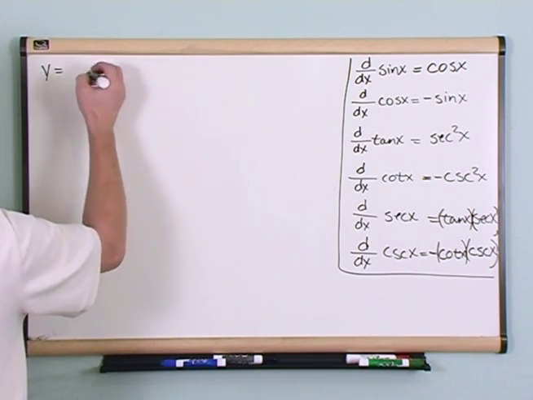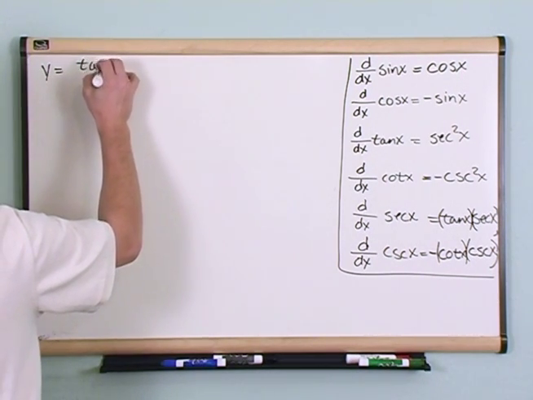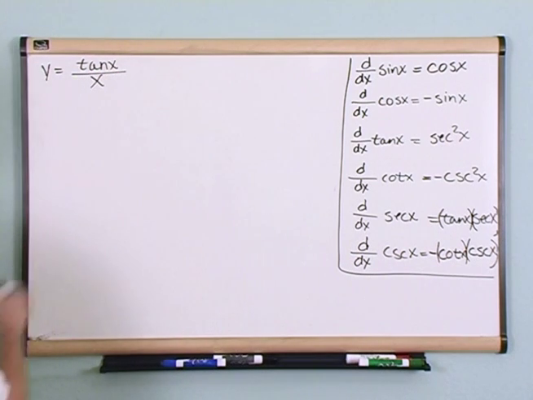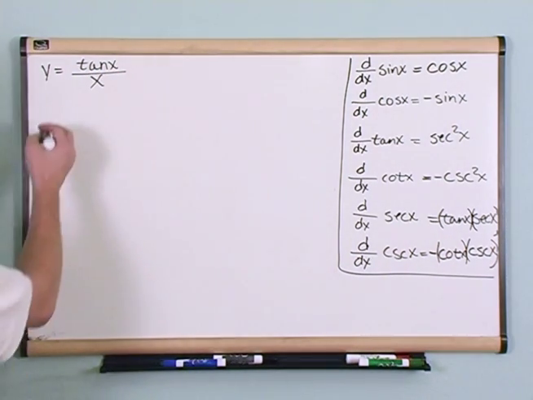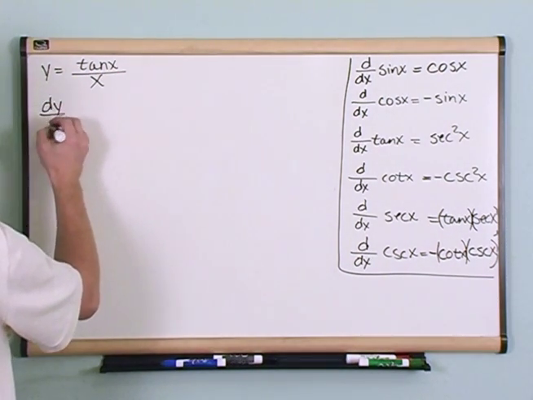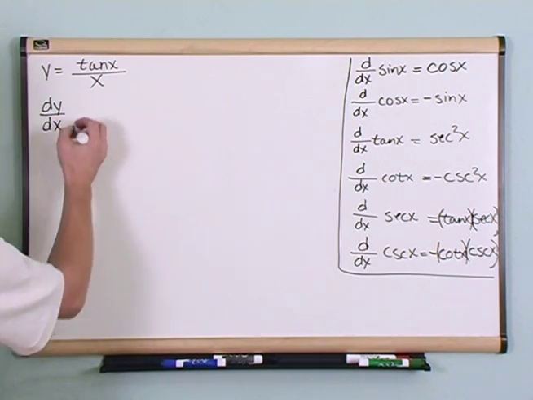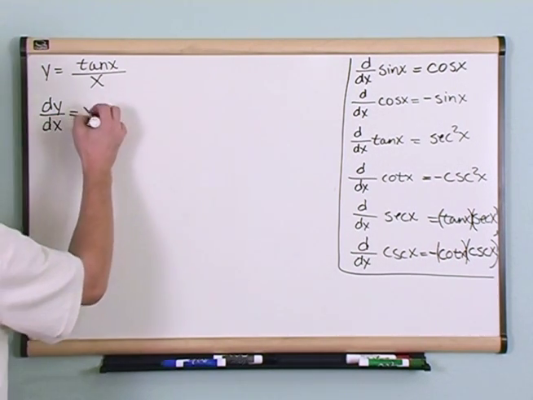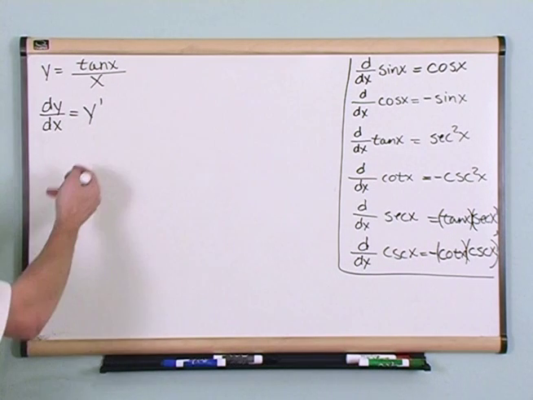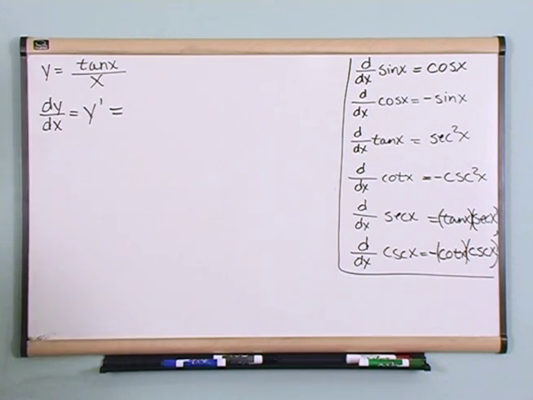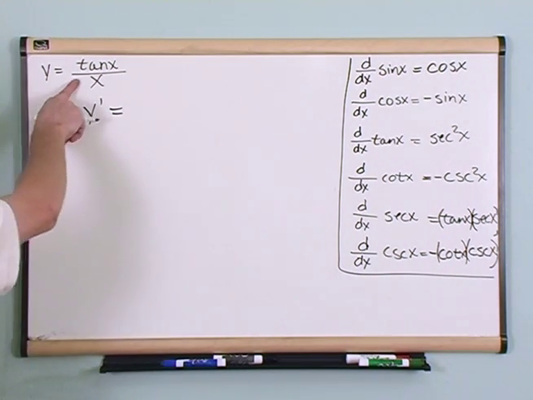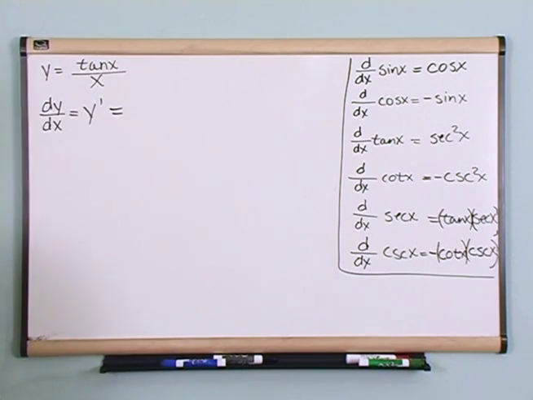So what if you have the tangent of x divided by x, and you have to find the derivative? So then the derivative of y with respect to x, this is the same thing as saying y prime. I'm just writing it 2 different ways to show you that you can. Well, you have a function of x divided by a function of x.